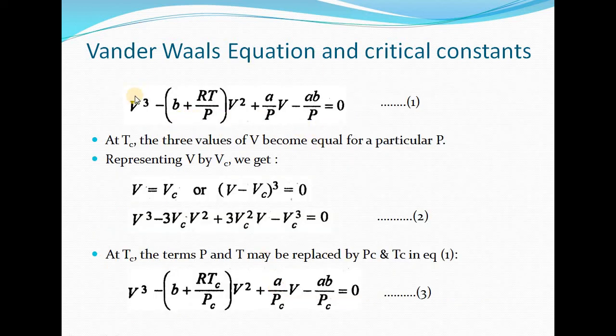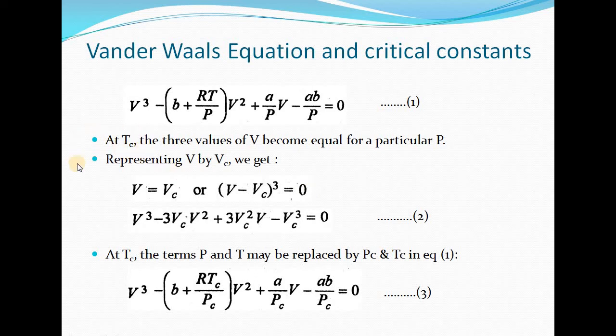Now from this equation we can write at critical temperature the three values of V become equal for a particular pressure P. So when the three roots are becoming equal, we can write at critical condition volume is equal to Vc, and for three roots equal we can say (V minus Vc) cube will be equal to 0.